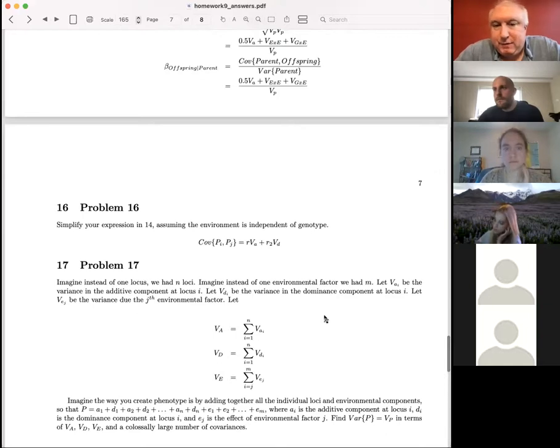If you haven't gotten into the homework, what you're going to see is we derive a lot of the key quantitative genetics results first for a single locus, and then very rapidly at the end, we move to multiple loci. Really problem 17 is taking everything we learned at one locus and turning it into the sum over lots of loci.